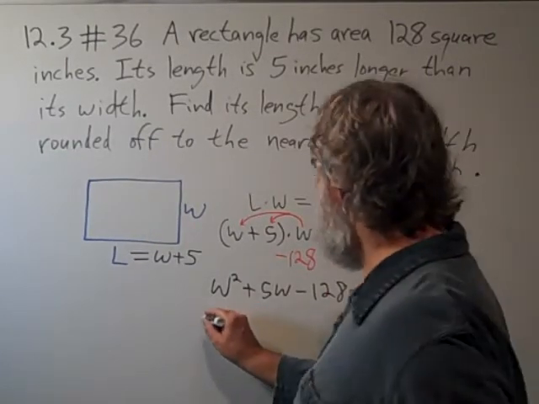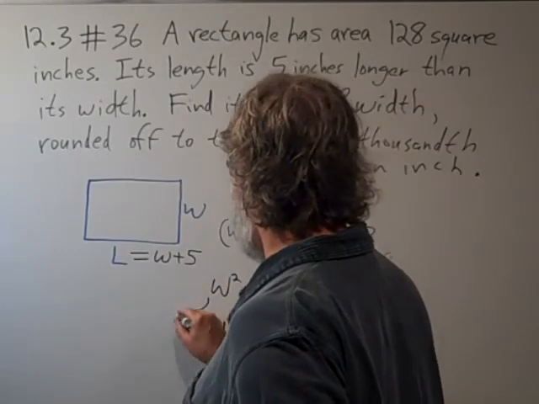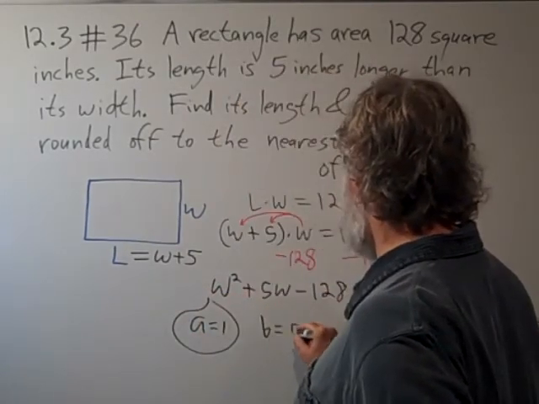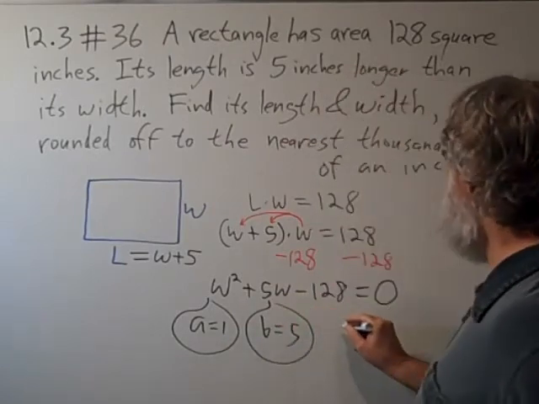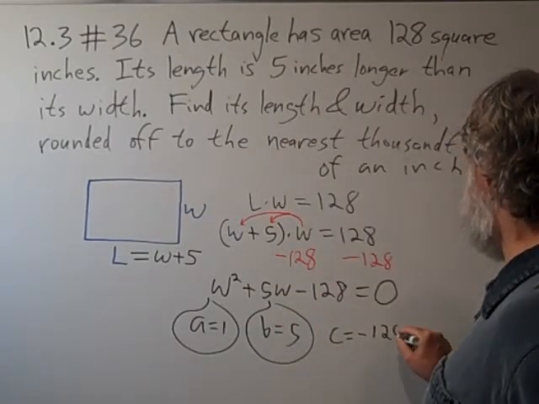So we know that A is 1, B is 5, and C is negative 128.